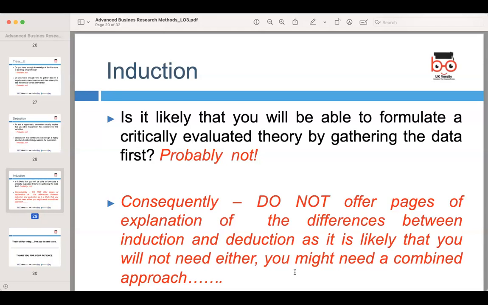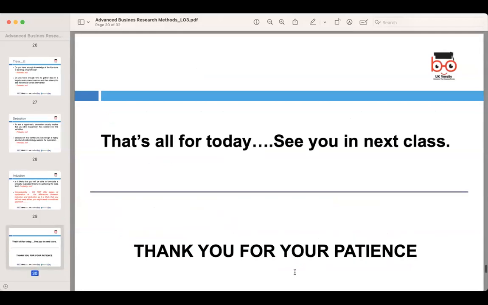A combined approach that incorporates both induction and deduction, along with critical evaluation, is more likely to yield reliable and well-supported theories.